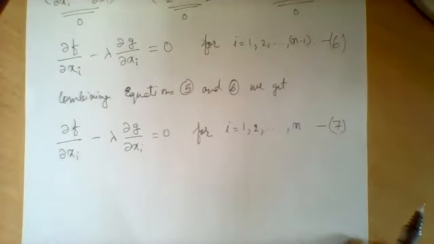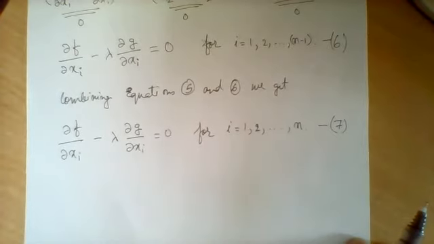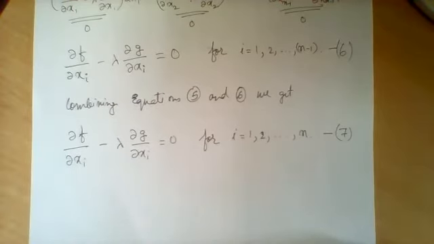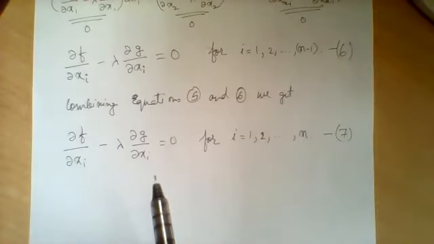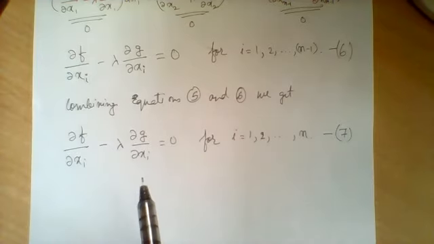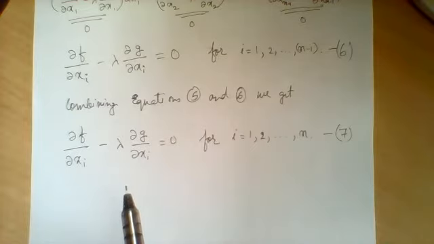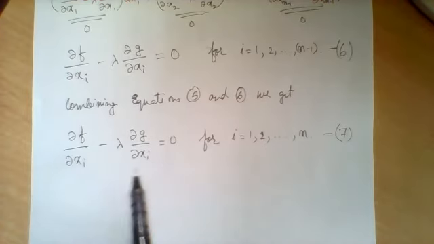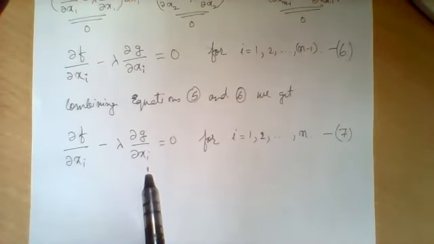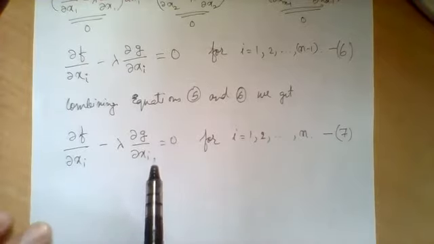To determine these n plus 1 unknowns, x1, x2, x3 till xn and lambda, uniquely, we require n plus 1 equations. We already have n equations for i from 1 to n, so we need one more equation.